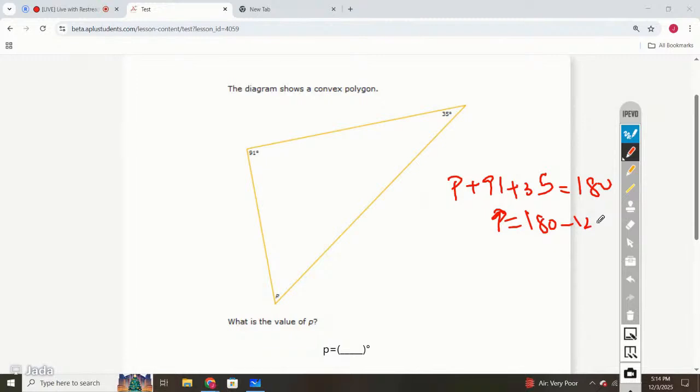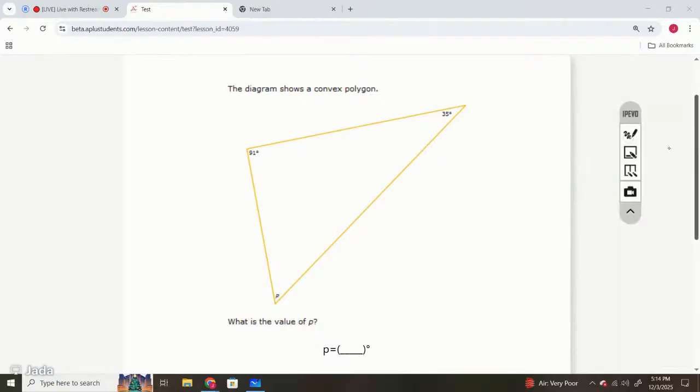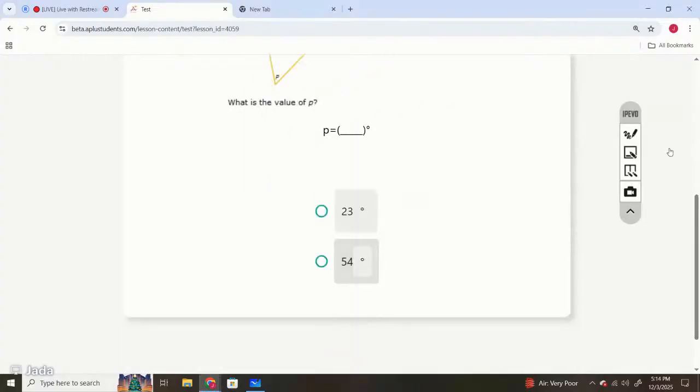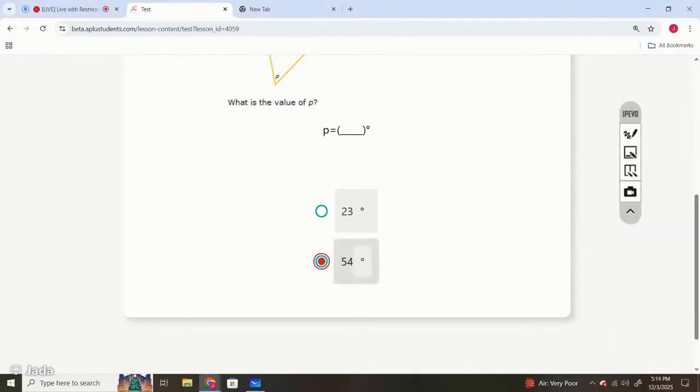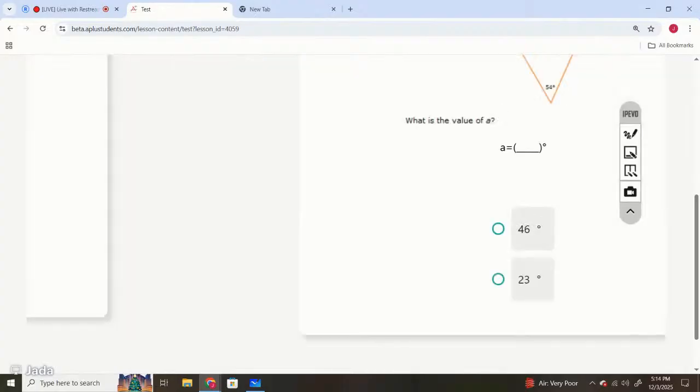So 180 minus 126 equals 54 degrees. So the missing angle P is equal to 54 degrees. Option number 2 is the correct option.